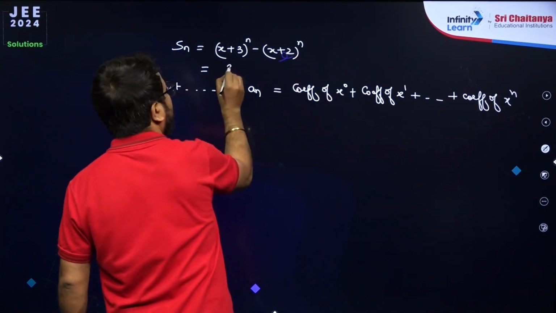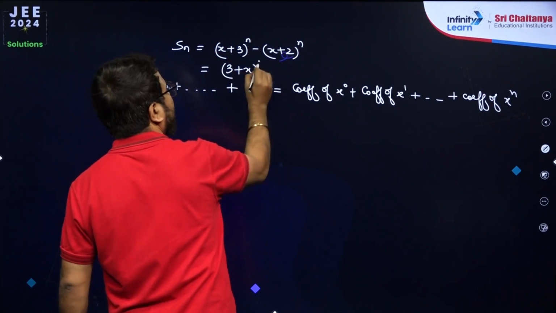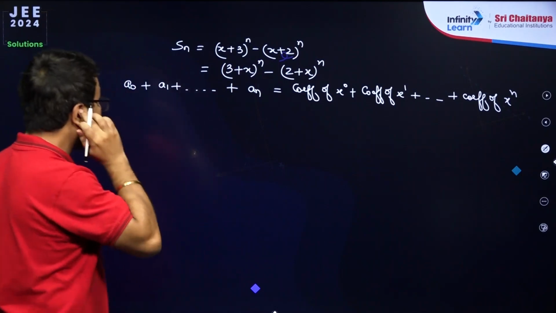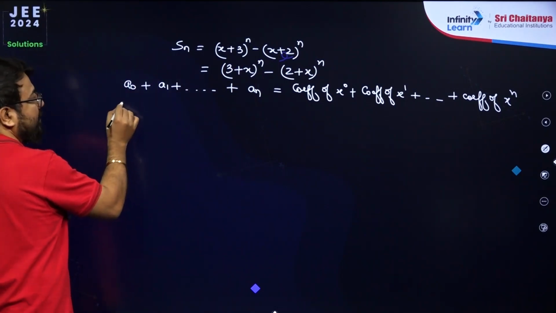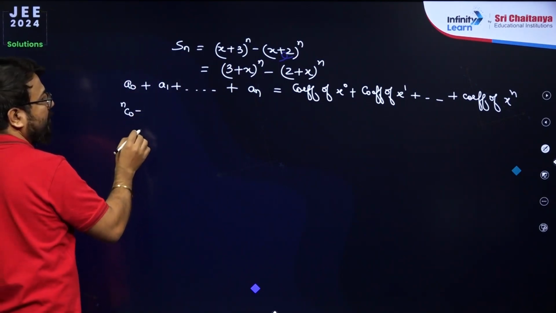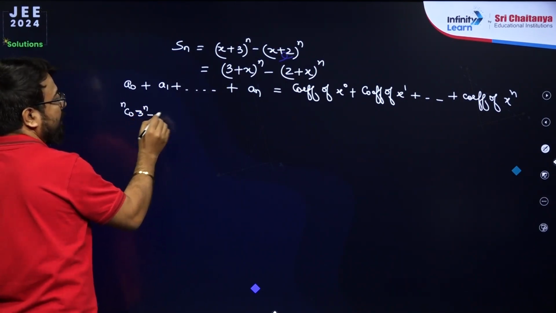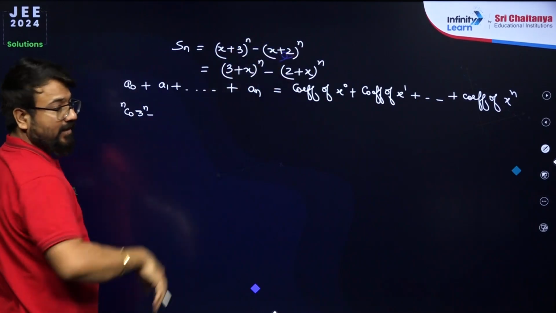I can also write it as (3+x)^n and (2+x)^n. So the coefficient of x^0 will be nC0 3^n, and here it is nC0 2^n.